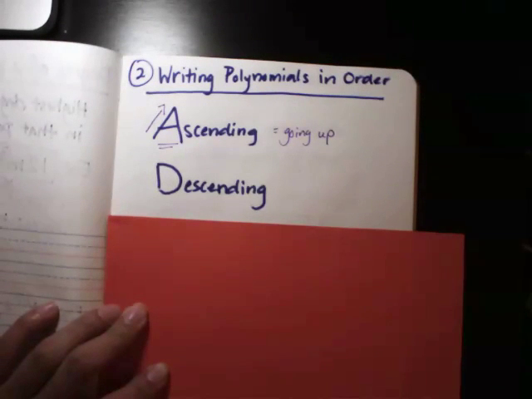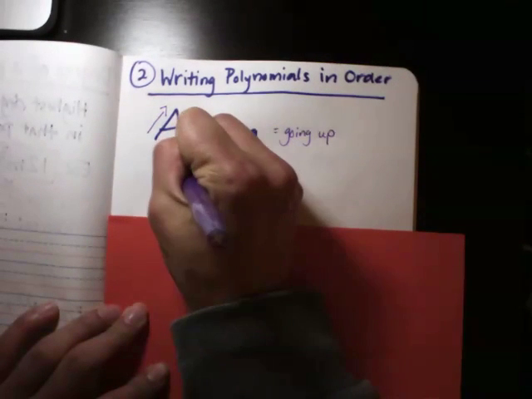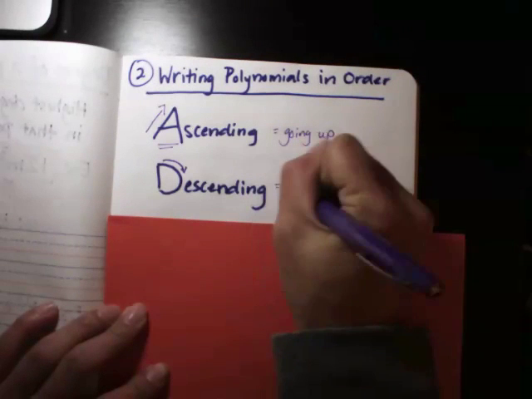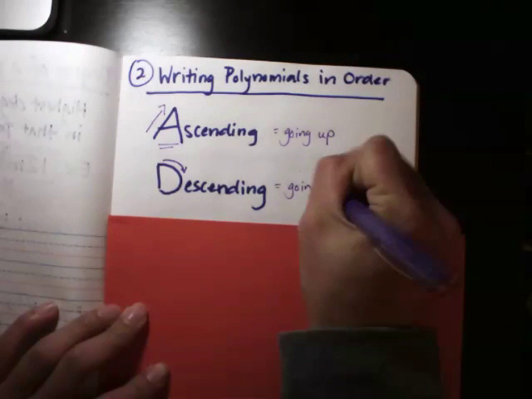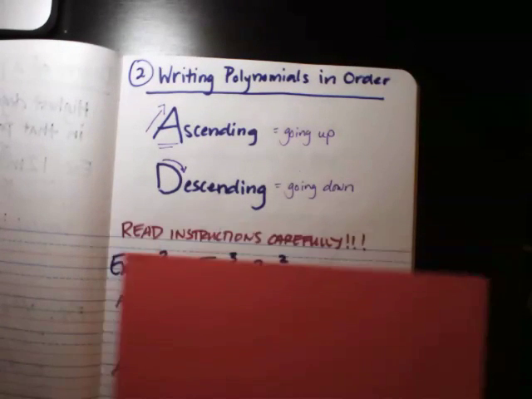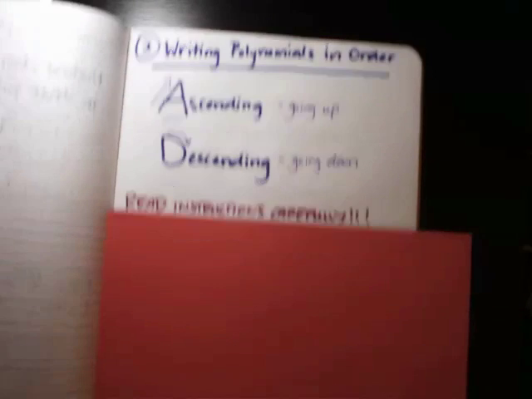When you're descending, it's like you're going down. Descending equals going down. Okay, and this is really important to know the difference between ascending and descending because you're going to have to read the instructions very carefully.